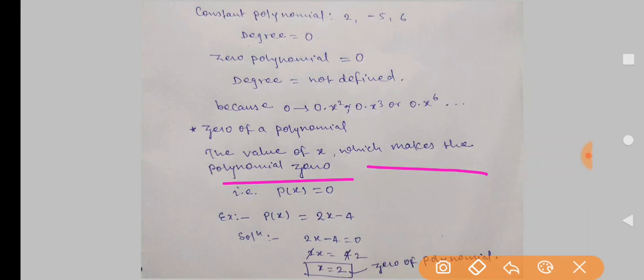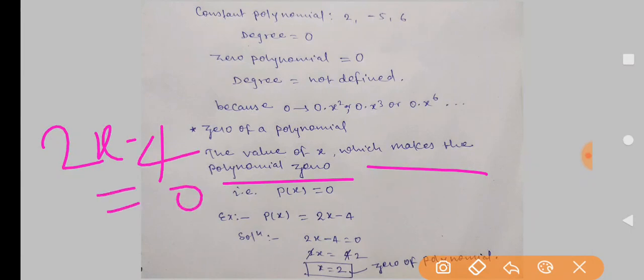To calculate the zero of this polynomial, we take the polynomial equal to 0 and calculate.